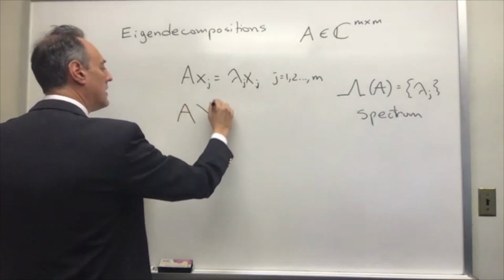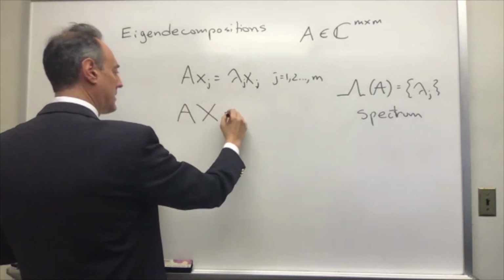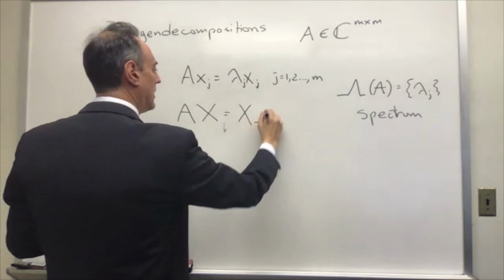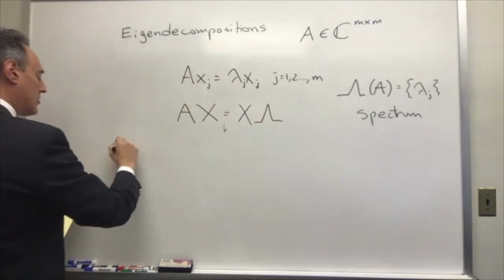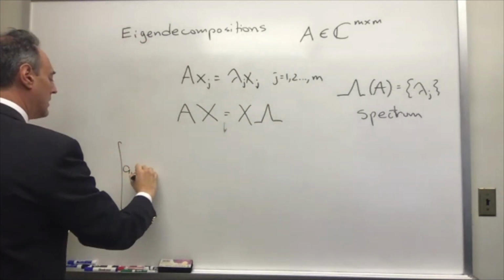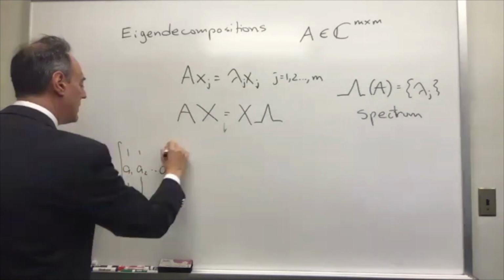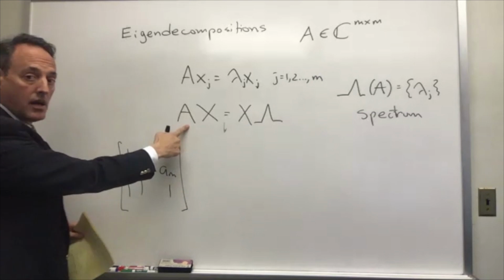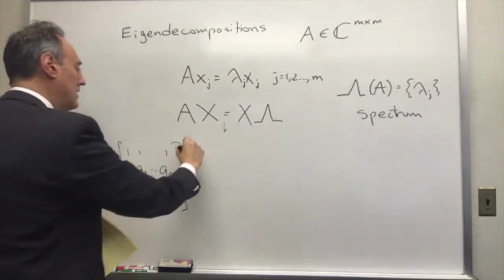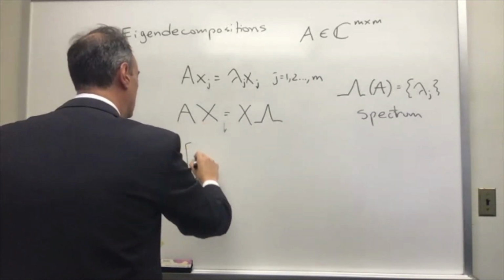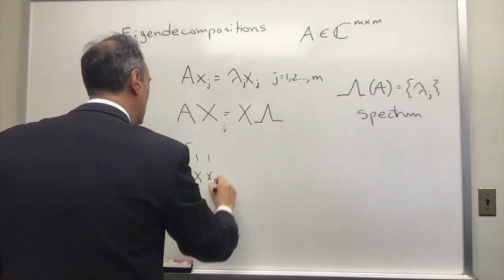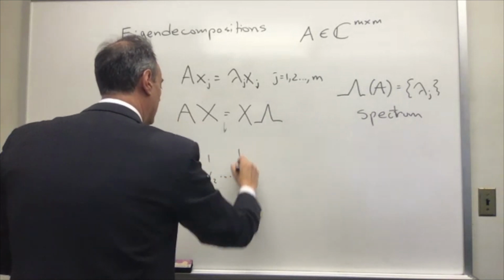A, here's the X matrix, and let me show you what the A is. So A itself is the columns of the matrix A. X are your eigenvectors.